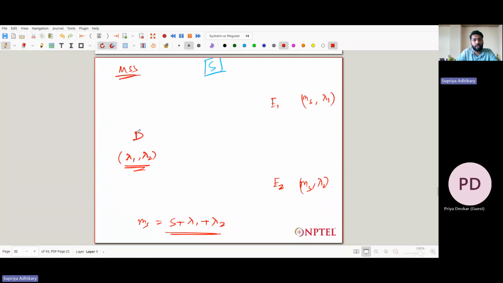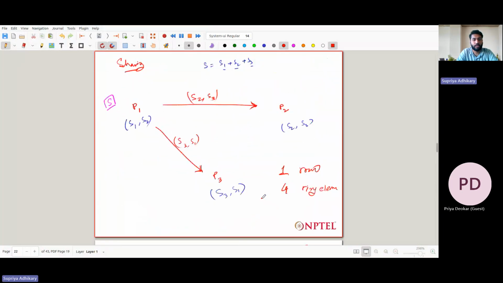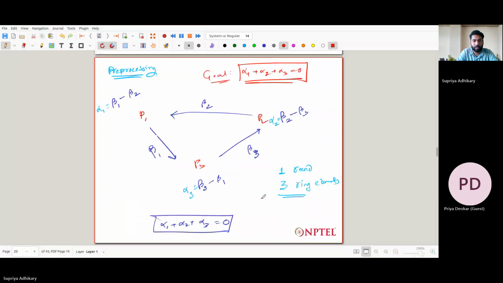In this way, D would require MS to compute the secret S. E1 would require lambda2 to compute the secret S, and E2 would require lambda1 to compute the secret. This is exactly equal to what we have seen in RSS sharing.